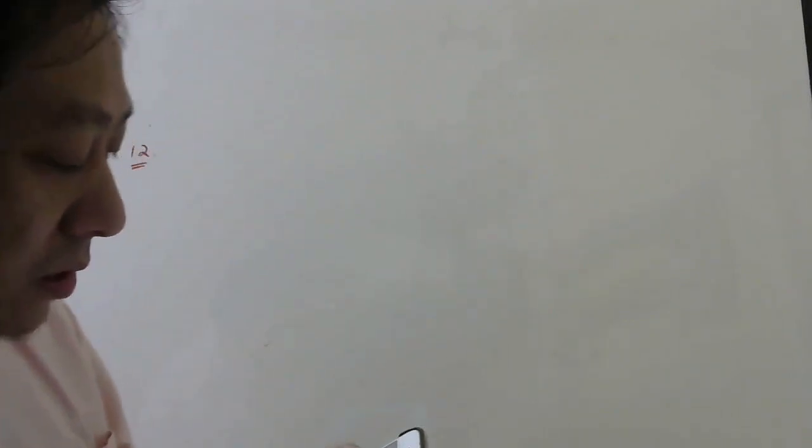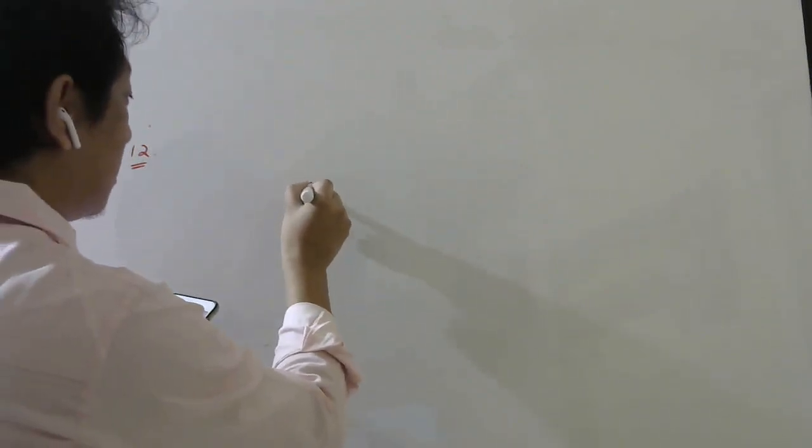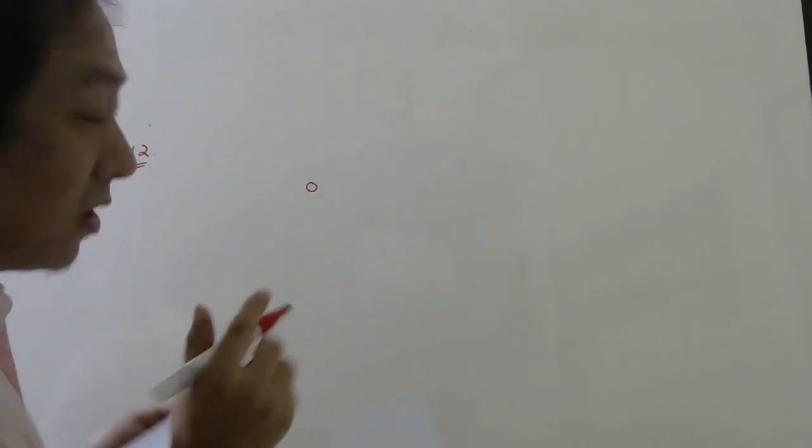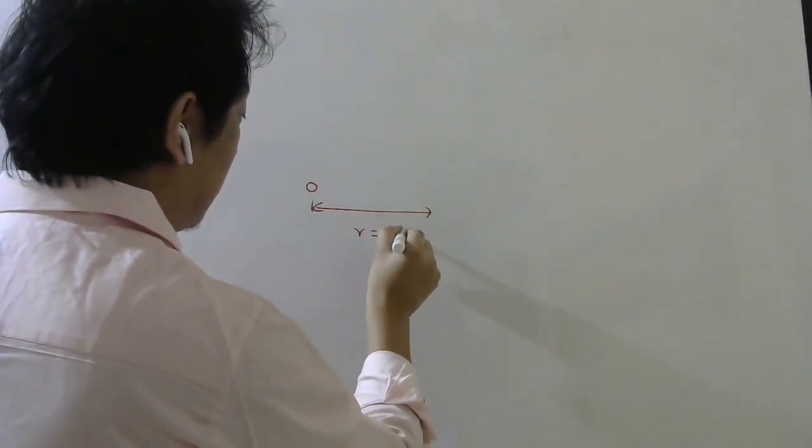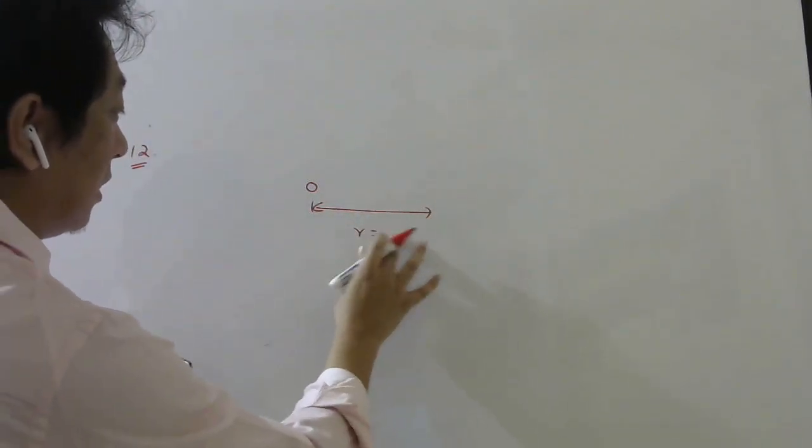That is why the bulb gets hot, right? What is the average intensity of visible radiation at a distance of 1 meter from the bulb? You can consider the bulb as a point source. So at a distance of r equal to 1 meter, they want you to find the intensity.